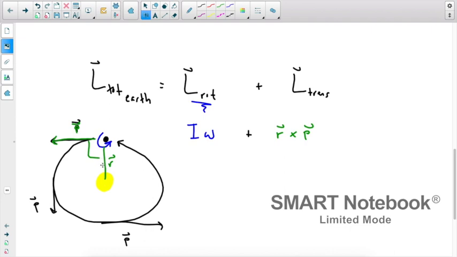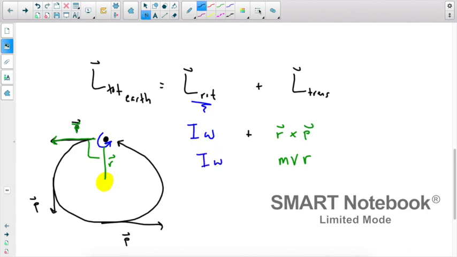The sine of the angle is 1. So ultimately this is going to become mvr, where v is the tangential velocity of the Earth. And I could figure that out by knowing that the Earth rotates around the sun every 365.25 days.